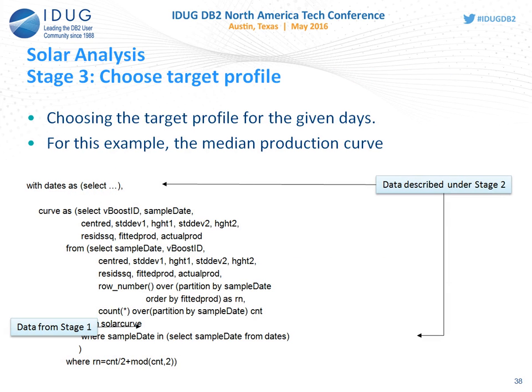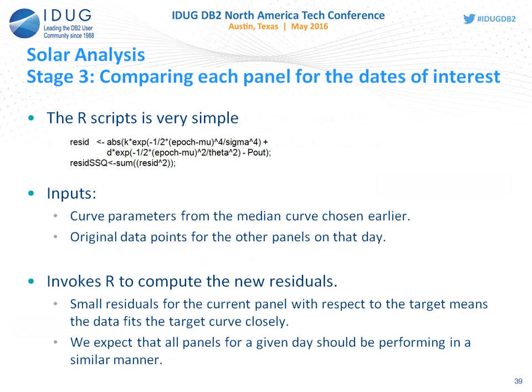We're pulling data out of the previously saved data and out of our dates of interest, and we're picking the median curve for that date. This is already based on days that had maximum performance, and now we're just taking the middle panel of that day to use as a comparison for the others.